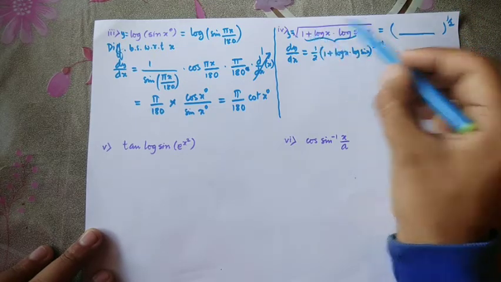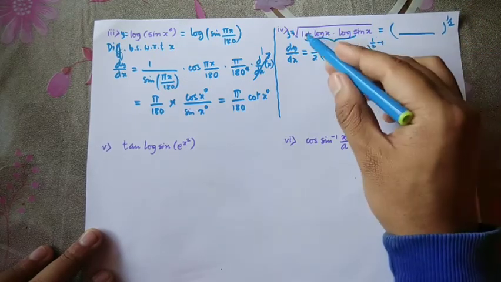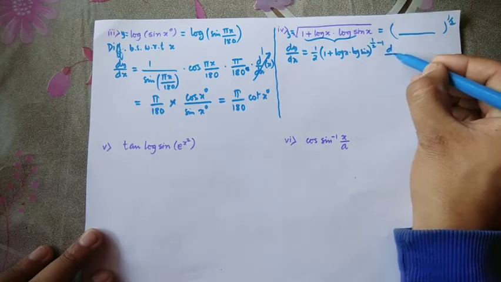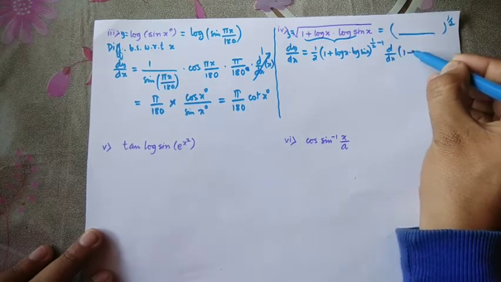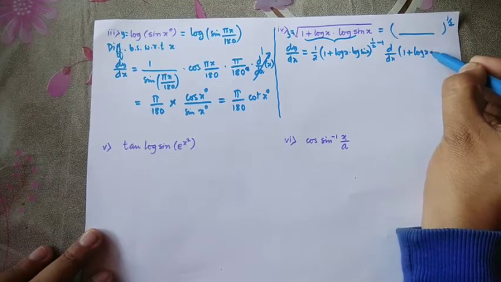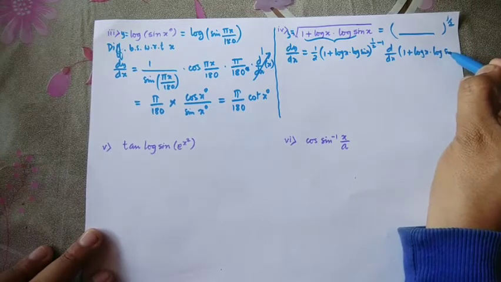Okay, now we have just differentiated the power. Now let us go inside. Now we need to differentiate d by dx of 1 plus log x into log of sine x.